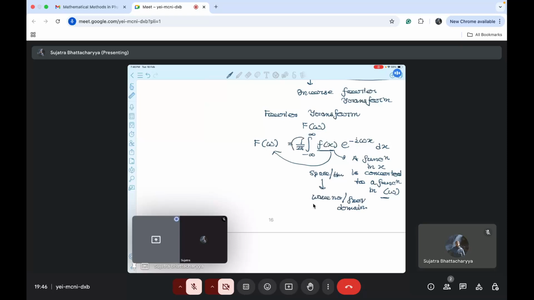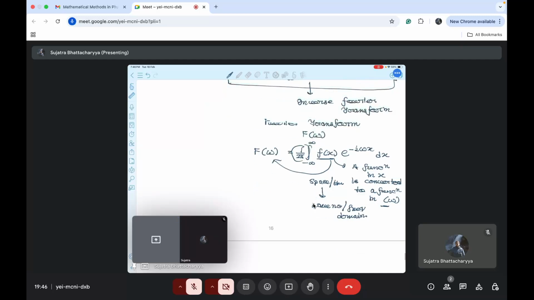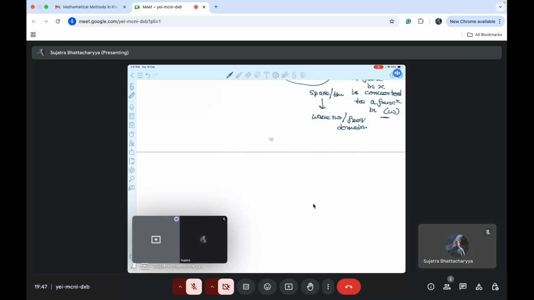Now, this 1 by 2 pi you can put in the inverse Fourier transform, or you can do it both ways.